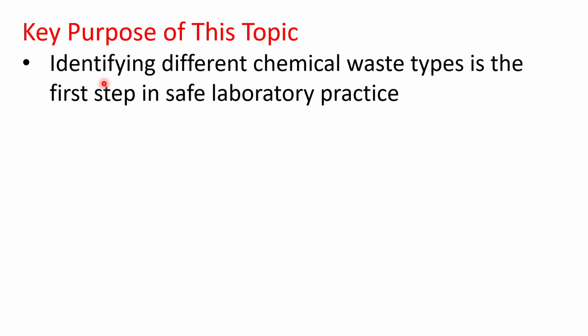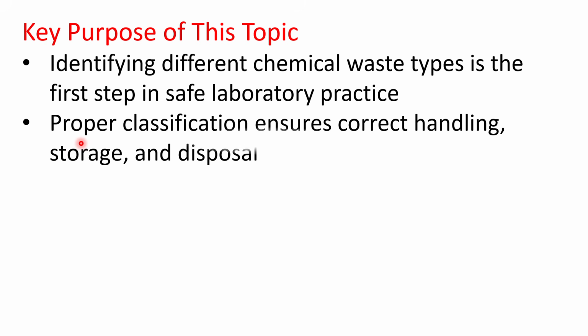Put safety first. So you need to know the different kinds of chemical waste so that you know how to handle them. It will also help you with proper classification to ensure correct handling, storage, and disposal methods, which we are going to look at shortly.